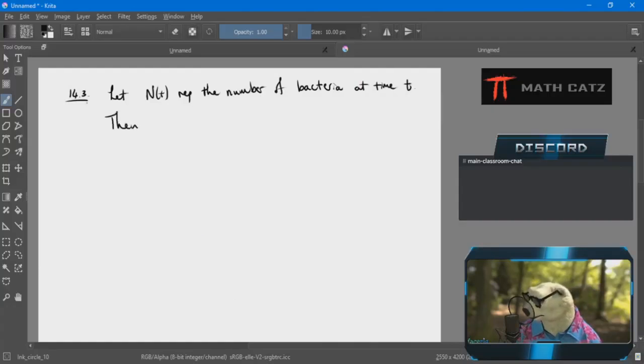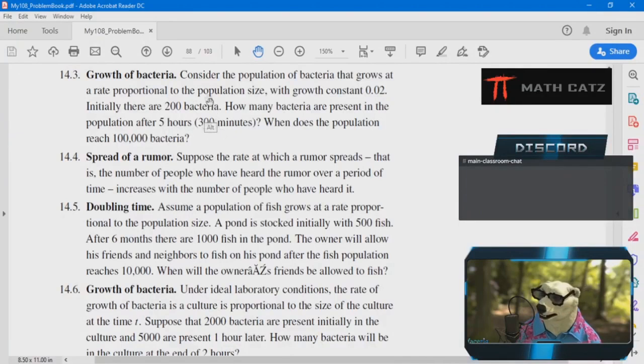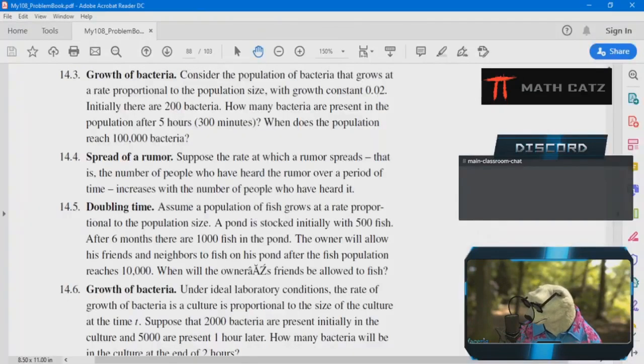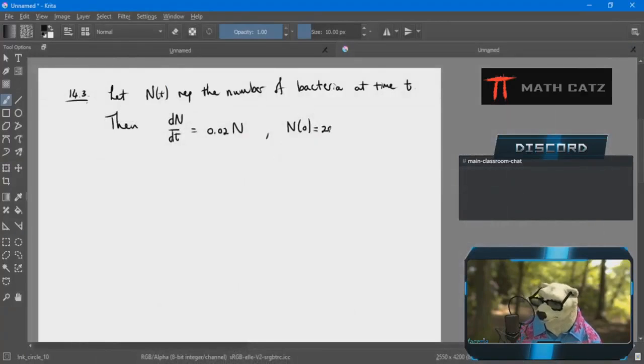Then this first part of the sentence, grows at a rate proportional to the population size with a growth constant 0.02, is translated to my differential equation as dn/dt equals 0.02 times n. And the initial population, they also tell me, is 200.